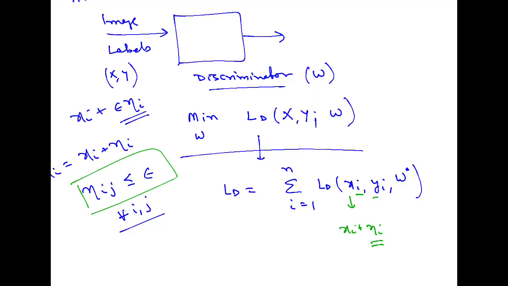So I do a gradient ascent on the input, but my constraint is I cannot make my eta i too large. So I'll cap my gradients with respect to input to epsilon. And I do one iteration of gradient ascent on the first image, cap the gradient to epsilon, and now I have a new input, so I'll have a new gradient.